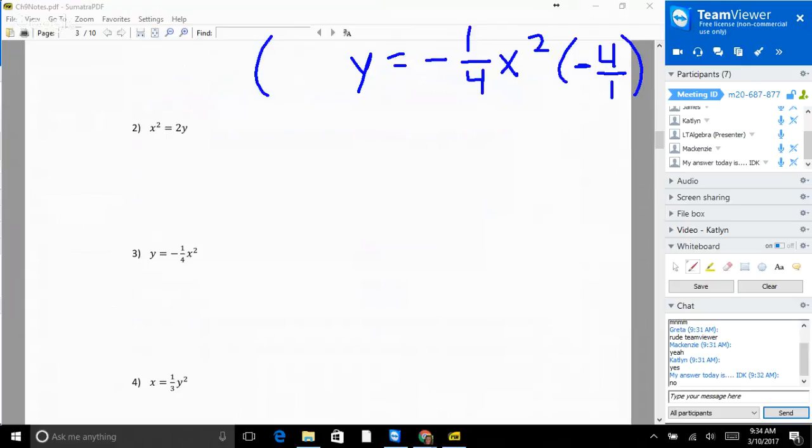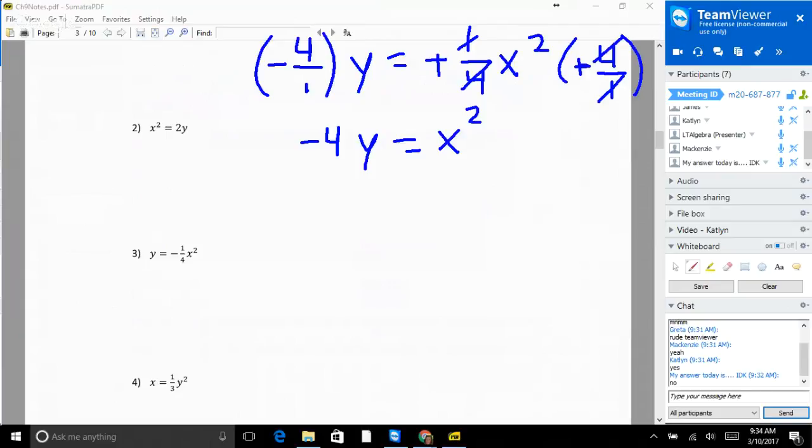So if I multiply this side by negative 4, I have to multiply this side by negative 4. So what happens over here on my right-hand side? 4's cancel out. Obviously, 1's cancel out. Negative times a negative is a positive, and I'm left with x squared. And on my left-hand side, I'm left with negative 4y.